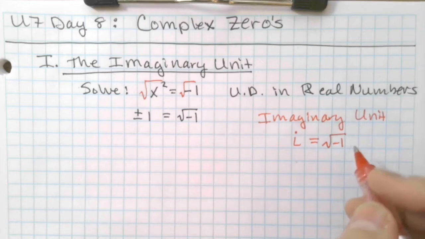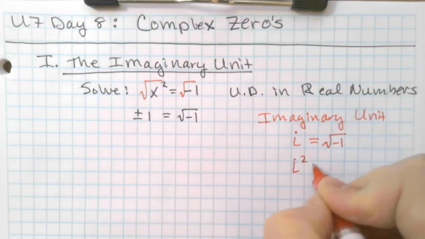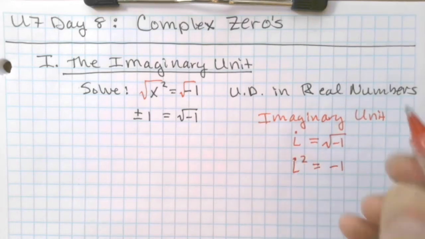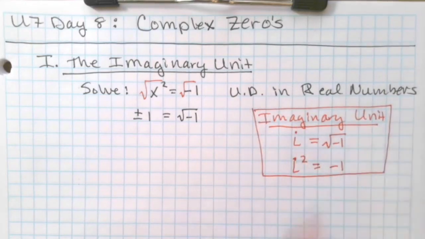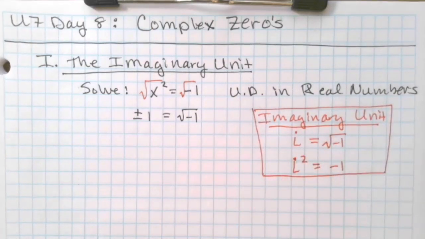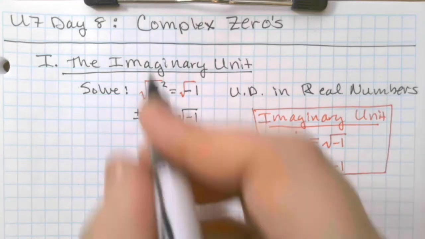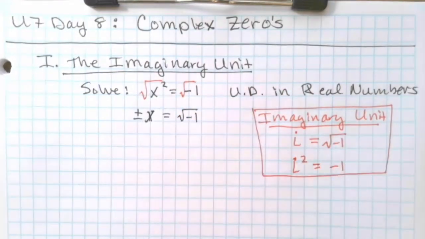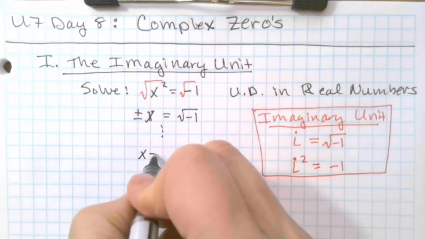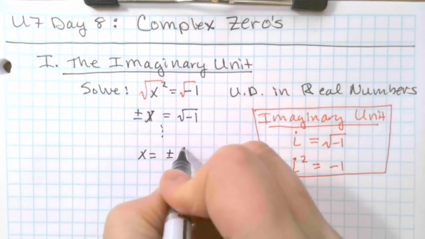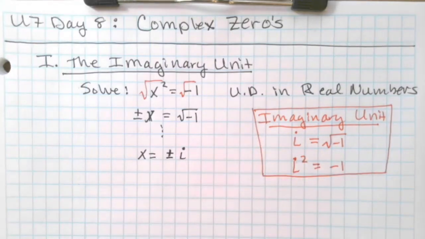Of course, if you square it, then i squared would be -1. So they invented the imaginary unit to solve the problem. Sorry, that should be an x. 2 x's, 1 comes out. Basically, you end up with x equals plus and minus i, the imaginary unit.